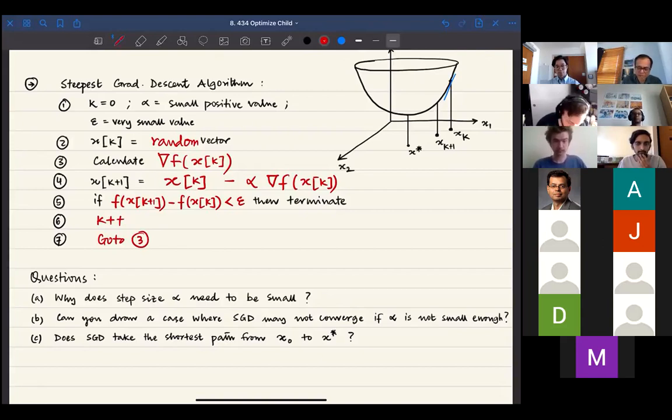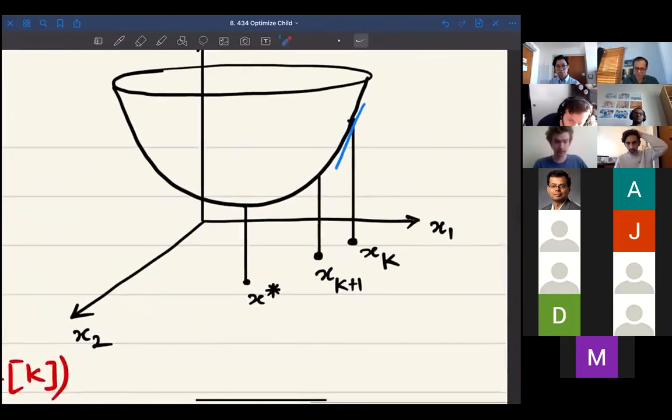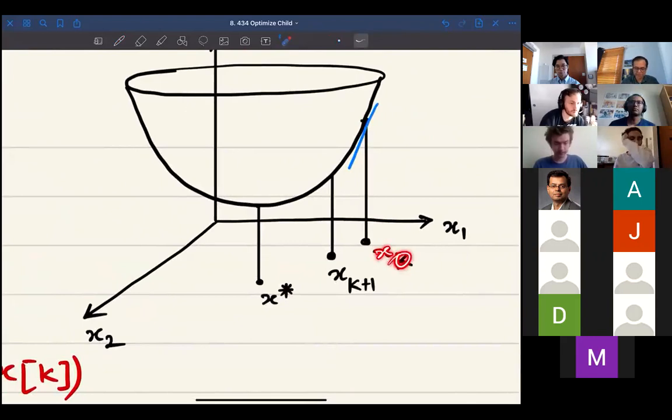So basically you're saying, I start with some x0, I compute the gradient, and I go alpha along that gradient direction. So maybe that gradient direction is this way. I go alpha, this is alpha, and this is my new xk. Now from this point I compute the gradient, I go alpha, this is my new point.